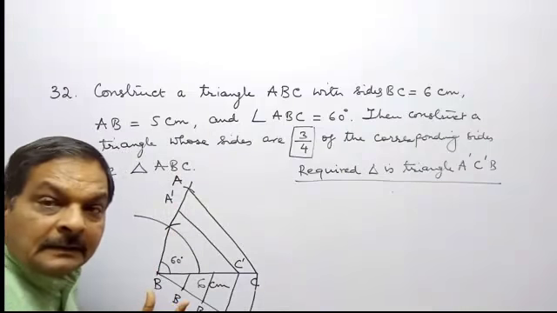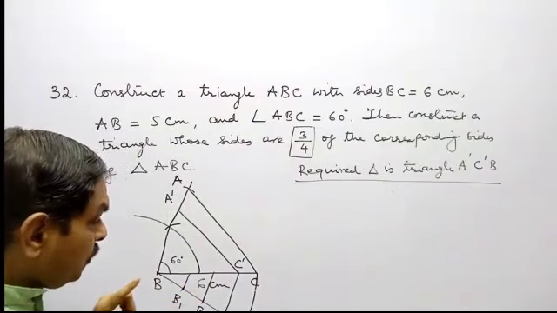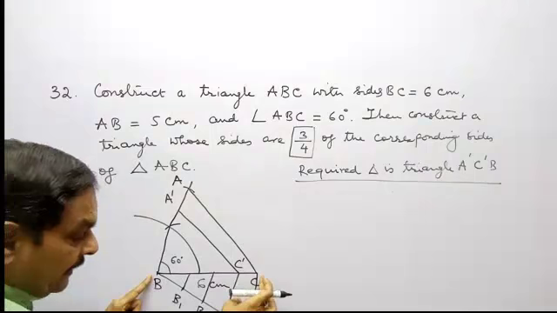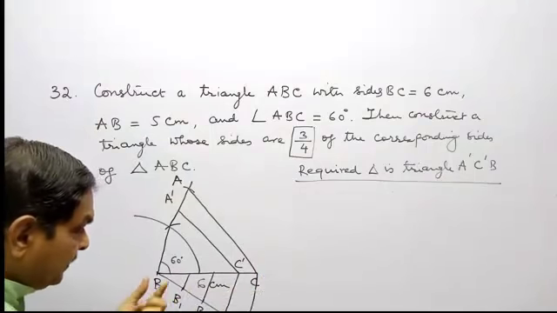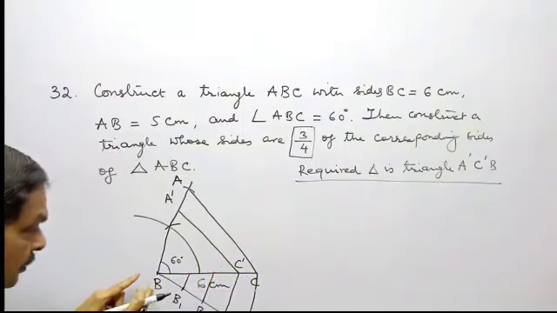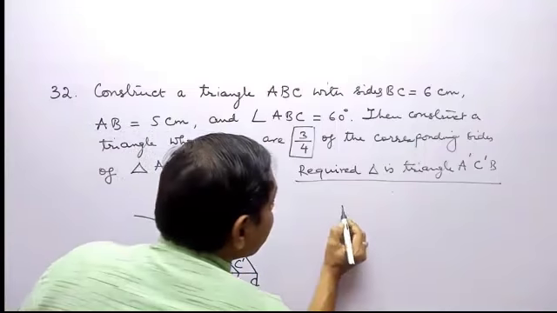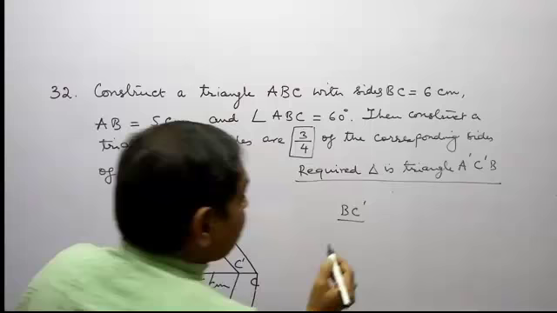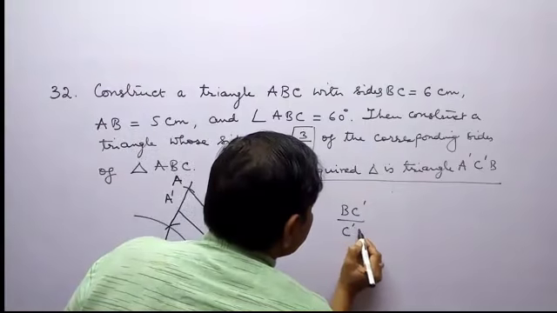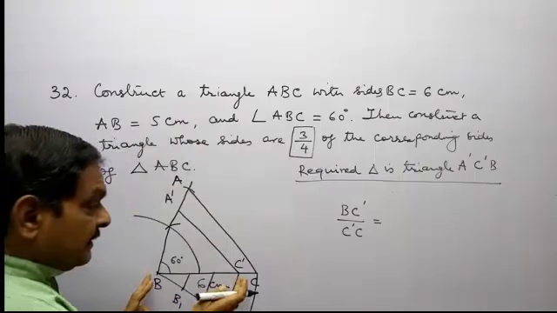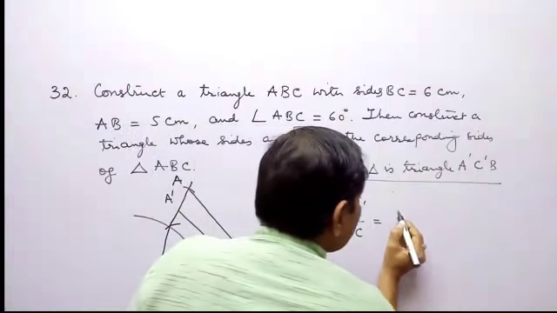Now we can have a proof of this also. See, this line segment BC is divided in 4 parts, 1, 2, 3, 4, all of which are equal parts. So BC dash upon C dash C, as per construction, is 3 upon 1.